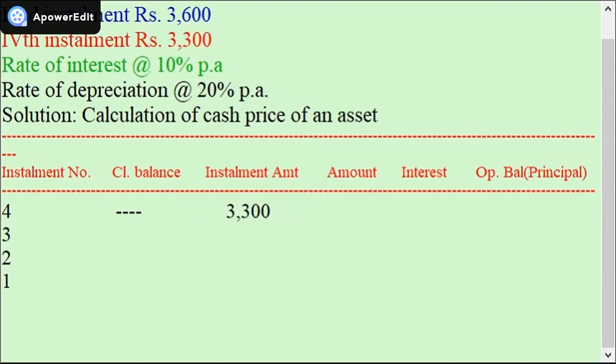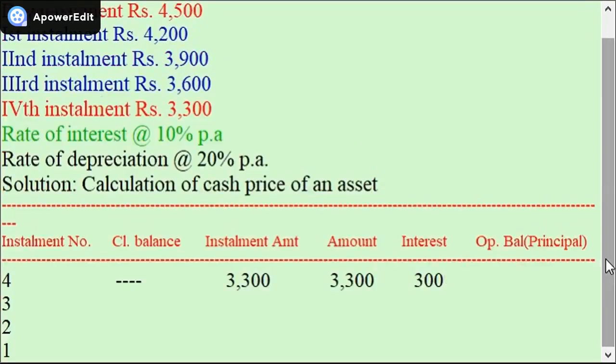So the total amount is your closing balance plus 3,300, the installment. In this 3,300, 10% interest is included. So I take away the interest amount from this total amount. That is 3,300 into 10 divided by 110. So you get 300.